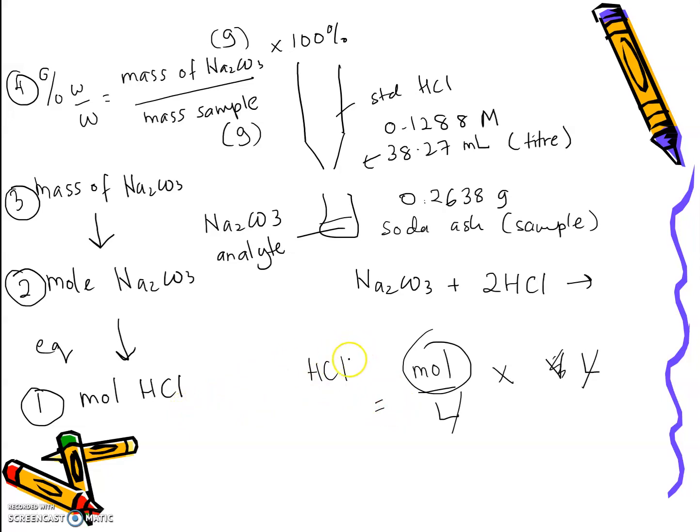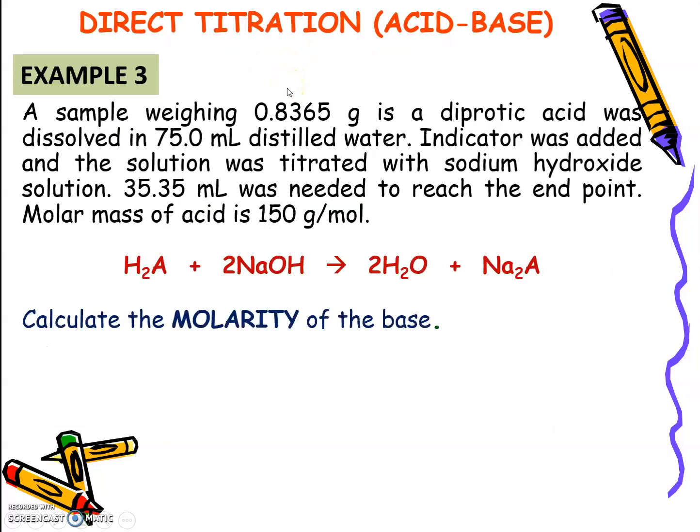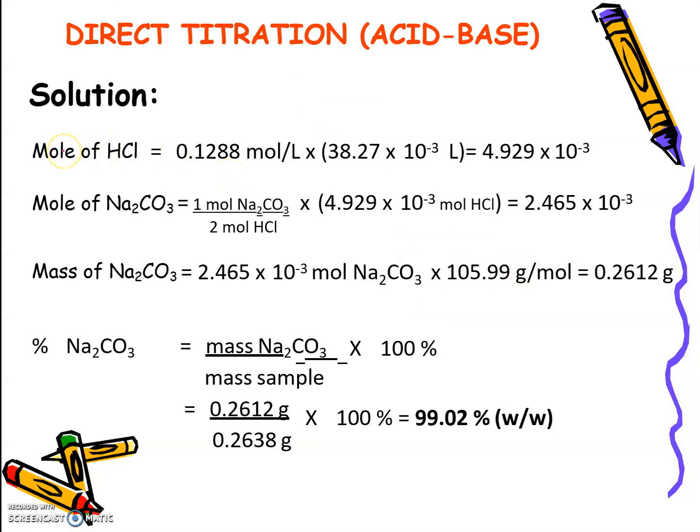Okay, so we look at the solution here, like I mentioned just now. Okay, first you have to find the number of mole of HCl. Okay, so given molarity, HCl is the titrant, given molarity and volume of titer, so you can find mole of HCl here. Okay.